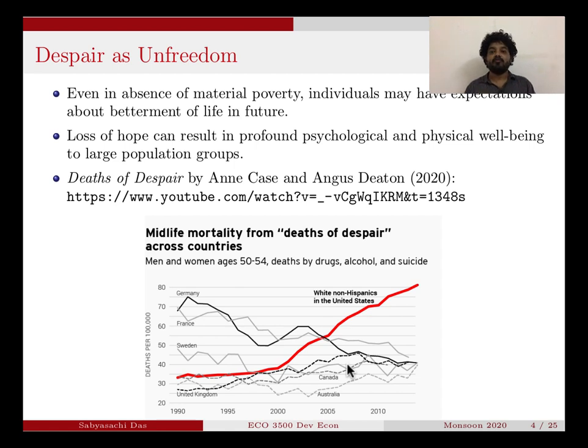And what they point out is that even though this group is relatively privileged compared to, say, African Americans in the US, because of globalization, loss of manufacturing jobs, stagnant wages, because unions are no longer a strong institution, they see a very bleak future.